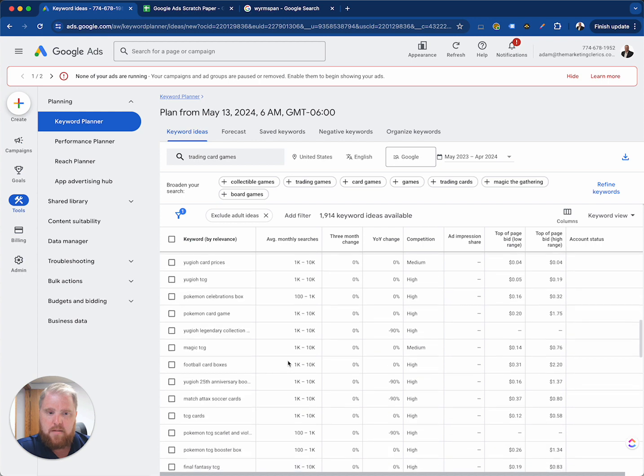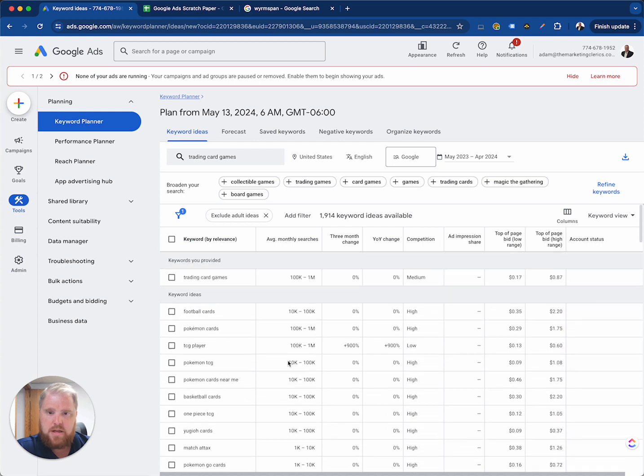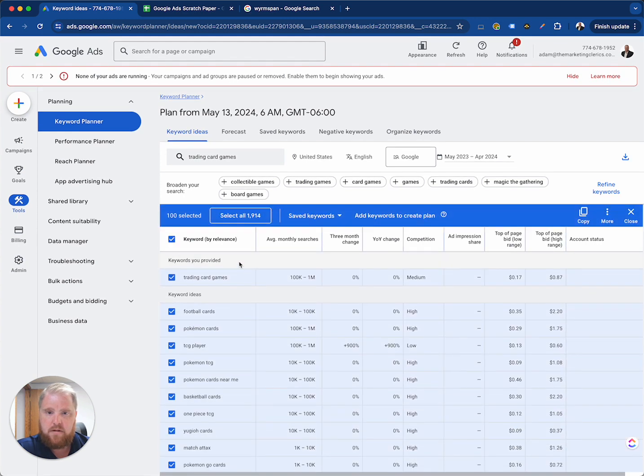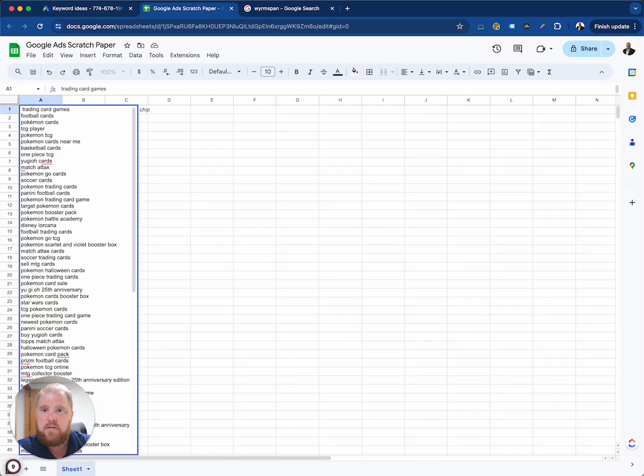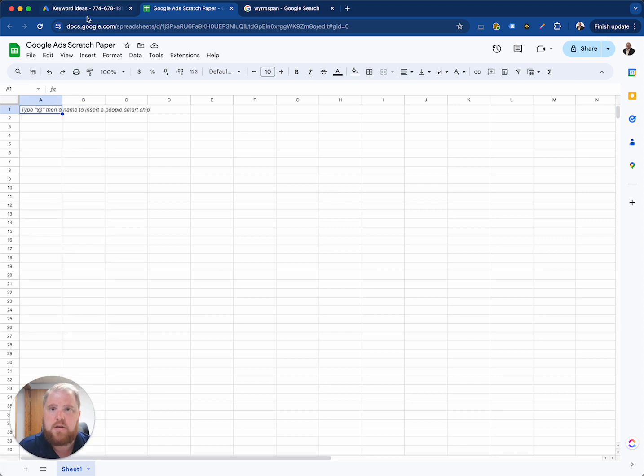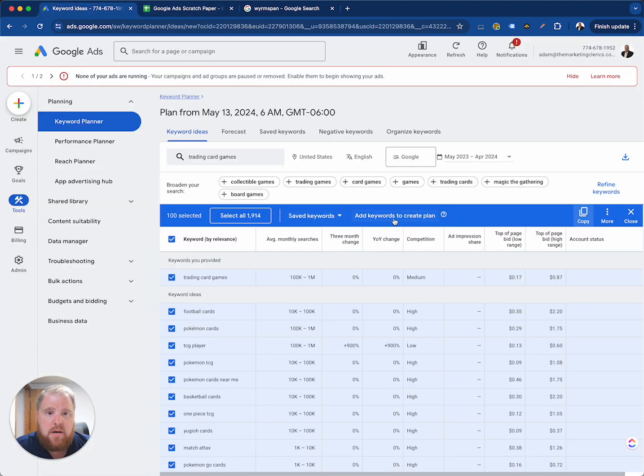So let's pull these keywords. Let's just copy these and see if we can add these here. What does this do? Yeah, let's do that. So let's add keywords to create a plan.